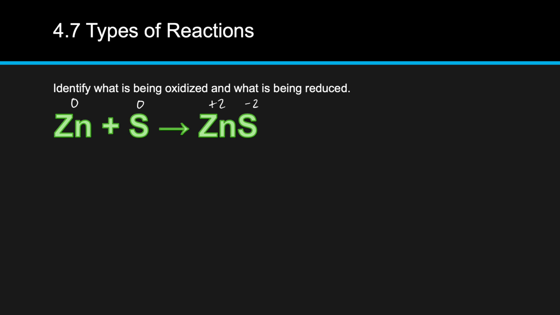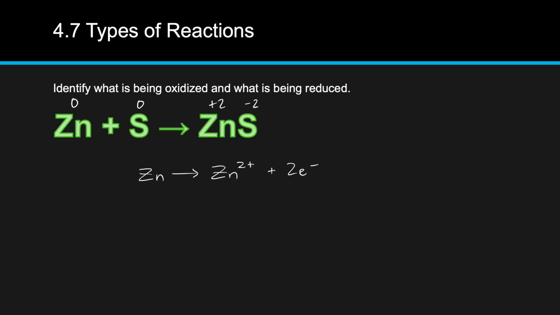Now, looking at this, we can see that zinc goes from a 0 or neutral charge to a +2. Now, we know from metal cations that when we go to a +2 charge, that means we lost electrons. So zinc lost 2 electrons, and you can write that as zinc forming Zn2+ plus 2 electrons.